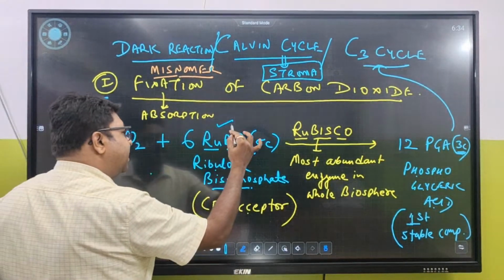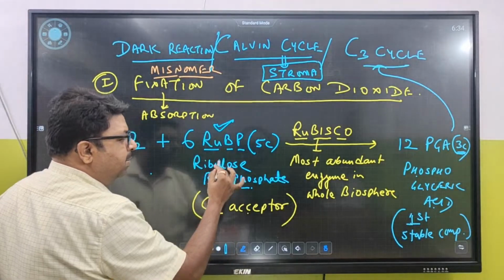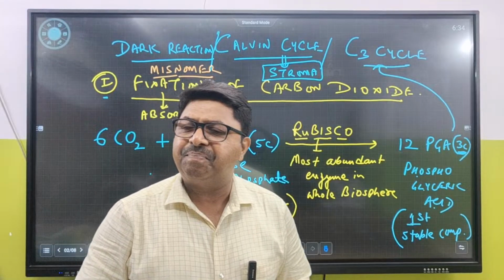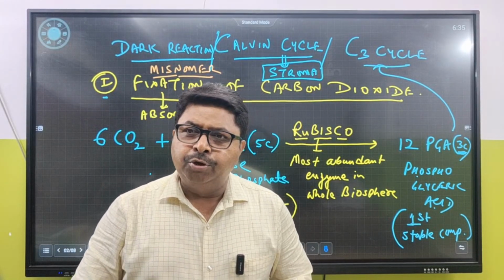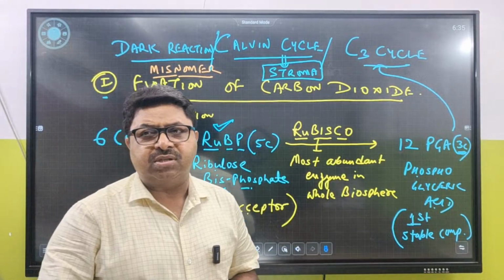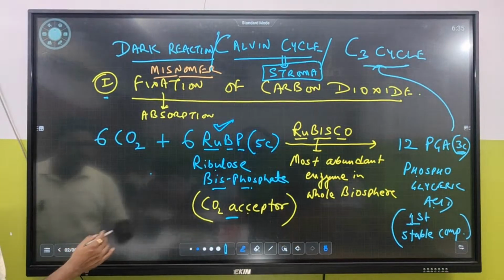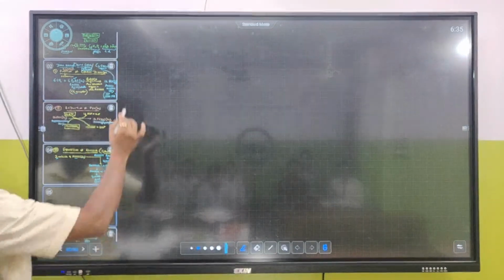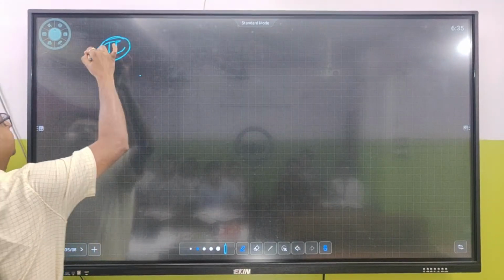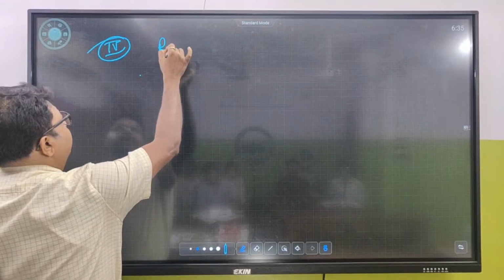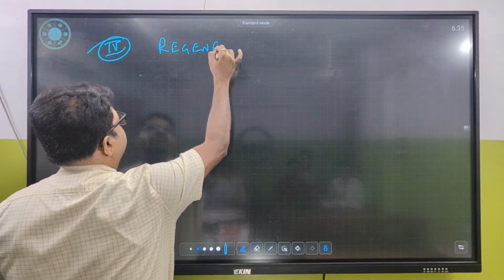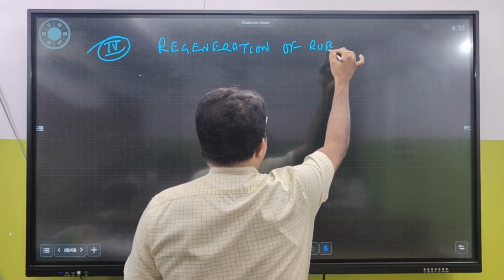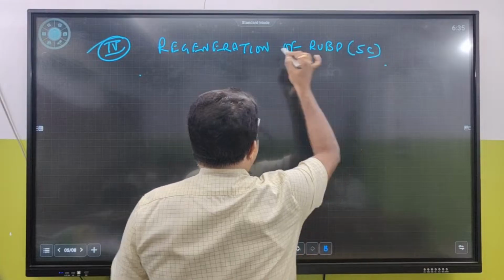You need to make it again, to regenerate it. RuBP is being utilized as the carbon dioxide acceptor, so you need to remake it. Is this clear? The fourth step of the dark reaction is regeneration of RuBP, which is a 5 carbon compound.